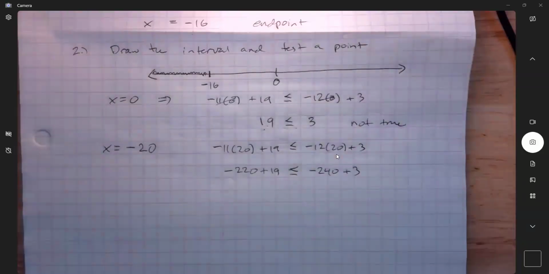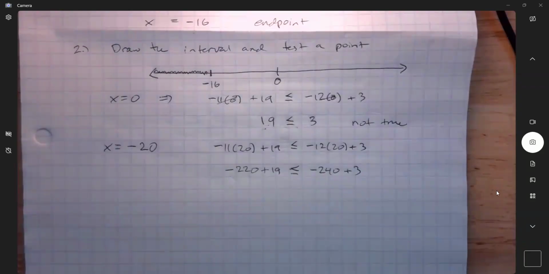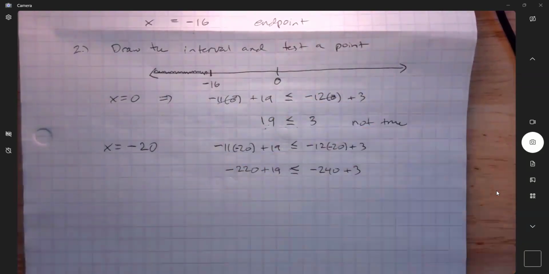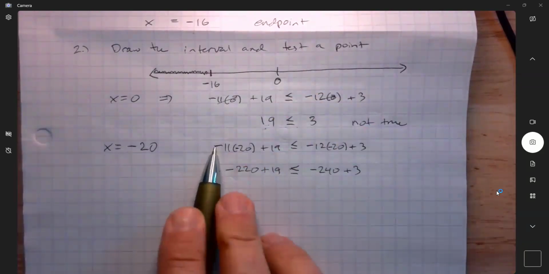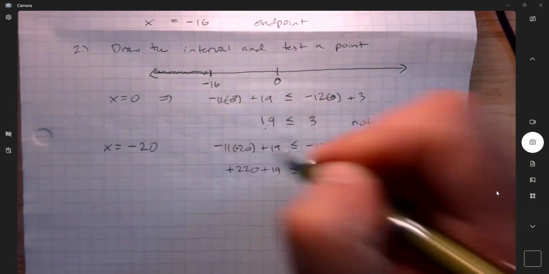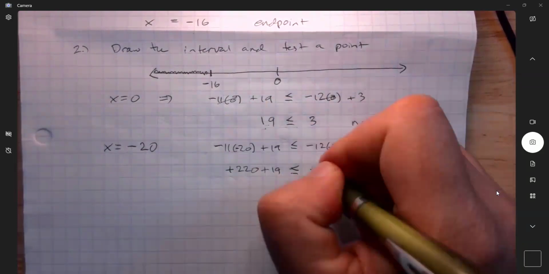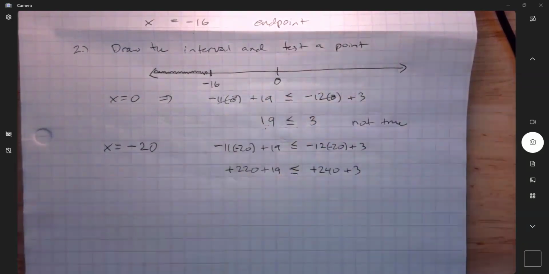Well, I know I did something wrong. I want to point that out to you. I said I was going to pick x equals -20, but I actually put +20 in my parentheses, so I have to fix that. So -11 times -20, which should be +220. And -12 times -20, which should be +240.